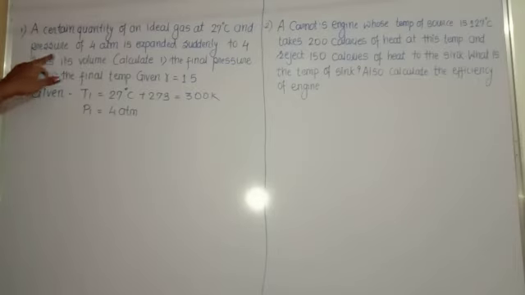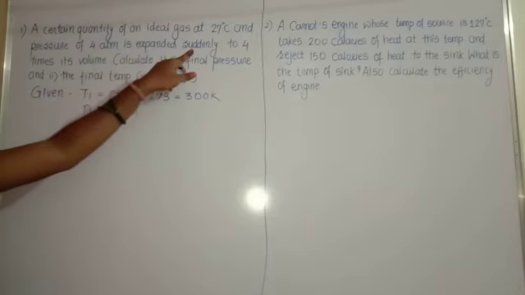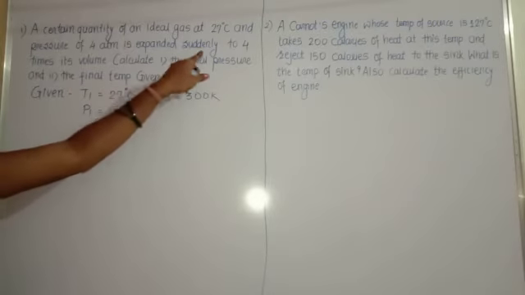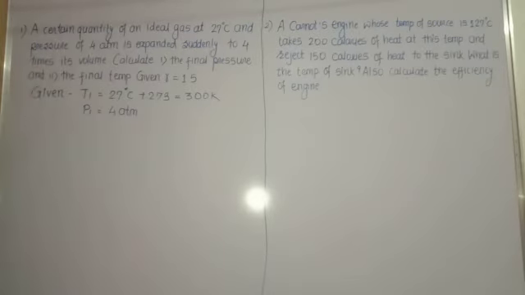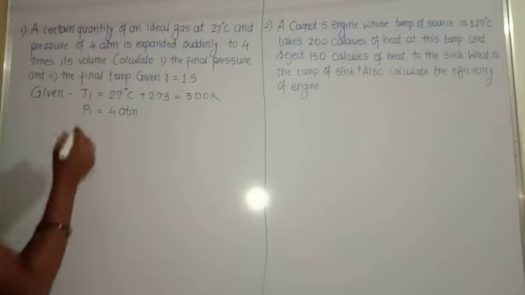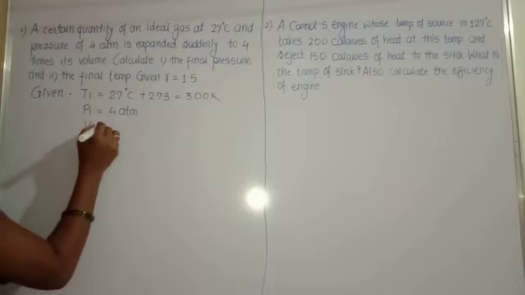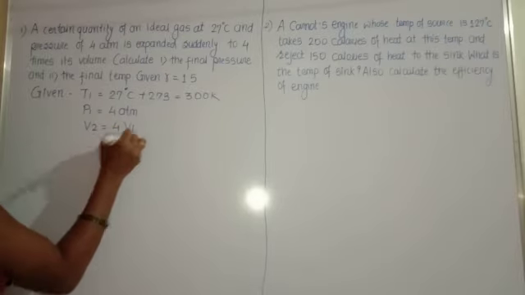Here the gas is expanded suddenly to 4 times of its volume. Let me consider V1 is the initial volume and V2 is the final volume. Then V2 is equal to 4 times V1.